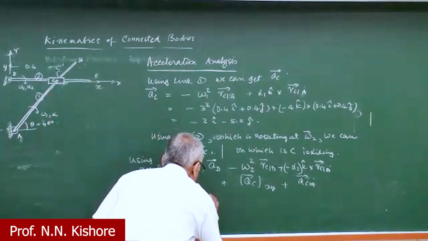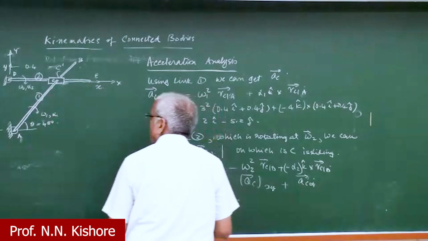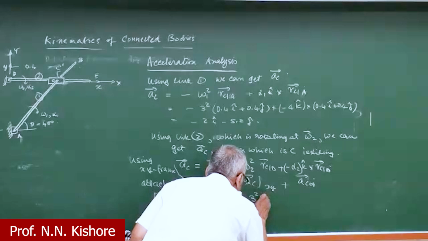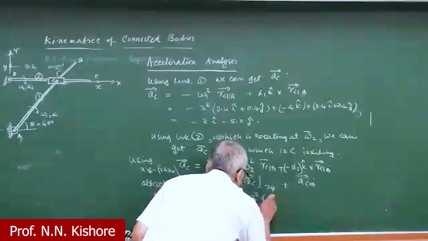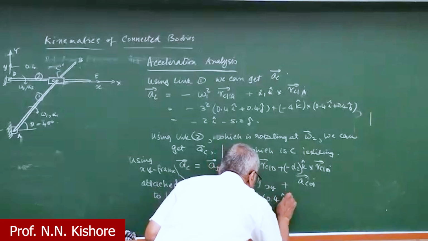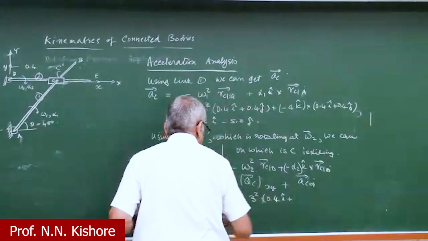Okay, right? So now let's simplify this one. So this is 0 and omega 2, we found it to be 3 square times 0.4 I, right? That's all.